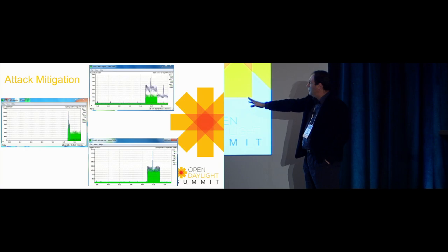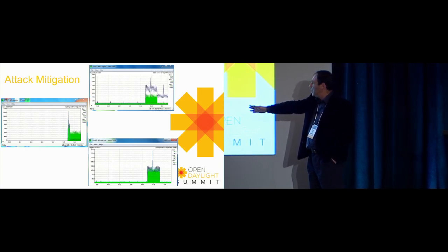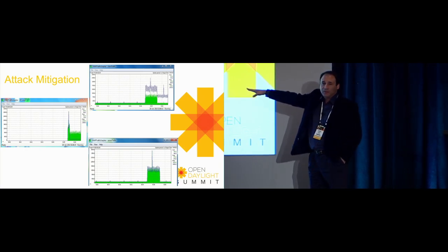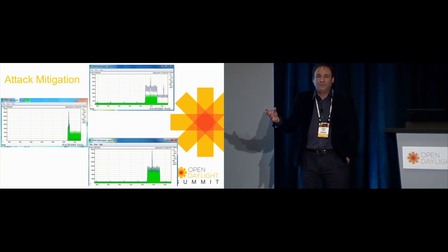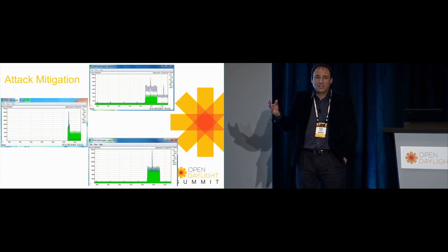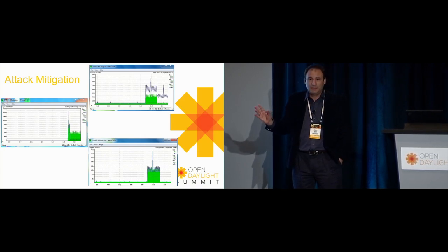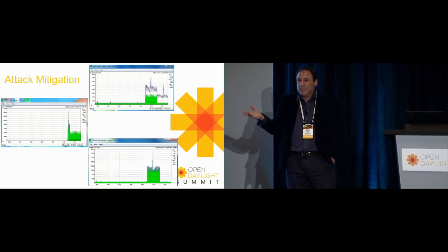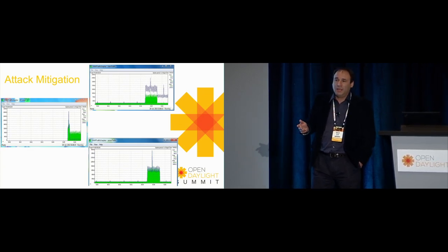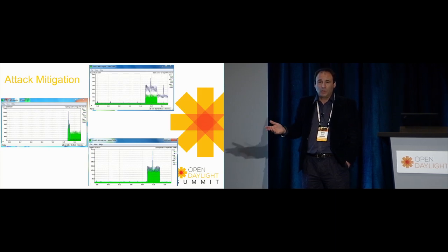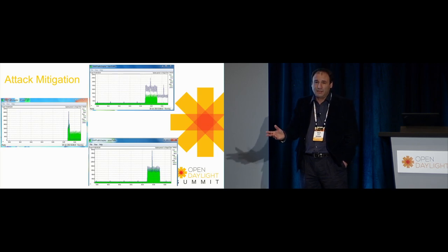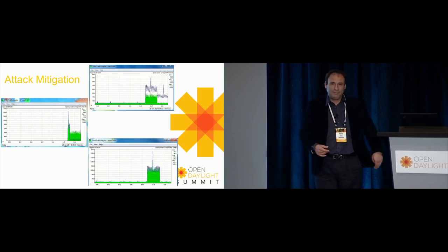On the server side, initially you have the high rate, but as soon as the attack is detected, it is mitigated in a matter of fractions of a second. It's that quick. Detection is configurable. We can detect in 10 seconds. We can detect in less. We can detect in more. But once we detect it, the traffic redirection is split second. Go ahead.